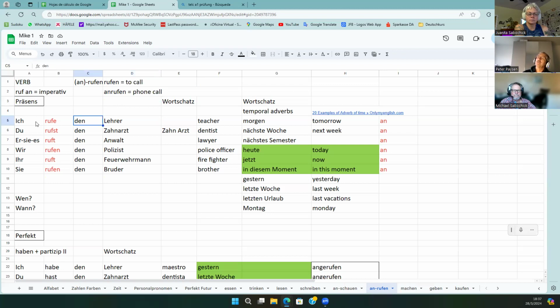Wherever you see the den in the accusative case, you know it's male gender. So der Lehrer, the teacher, der Zahnarzt, a compound word. Arzt is the doctor, and in this case it is the Zahnarzt, the doctor for your tooth, also known as your dentist.